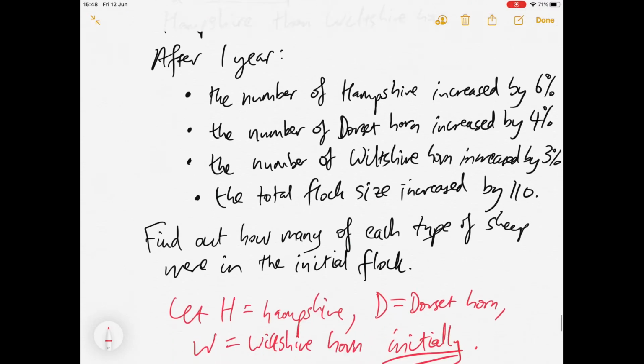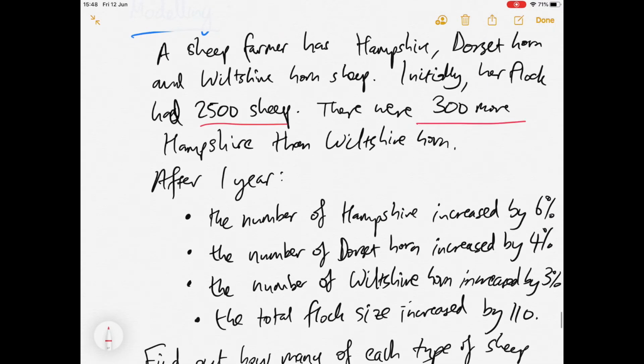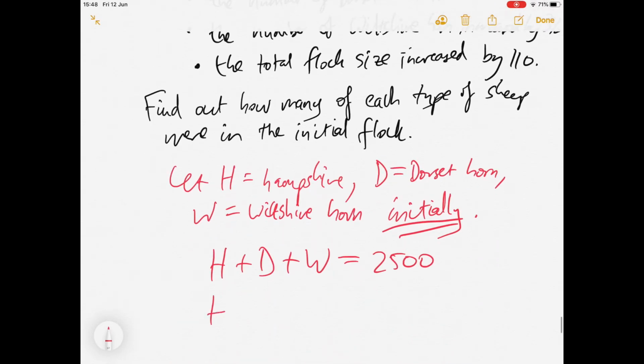So what does that tell us? It tells us that H plus D plus W is 2,500. We also know there were 300 more Hampshire than Wiltshire horn. That tells us H is W plus 300, or H minus W is 300.